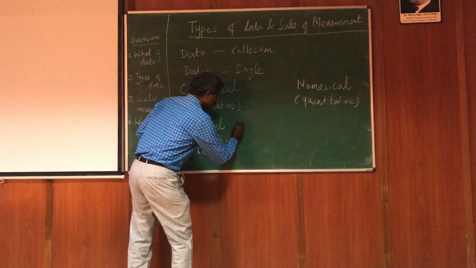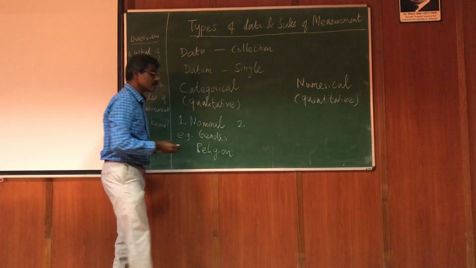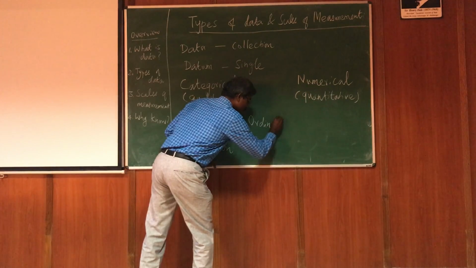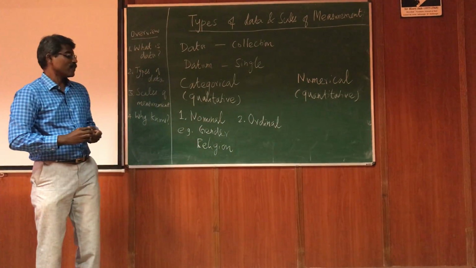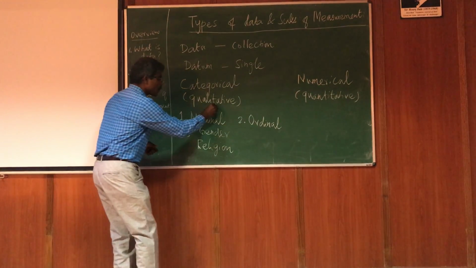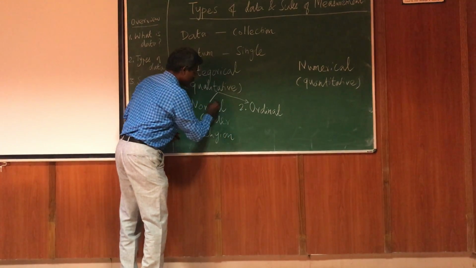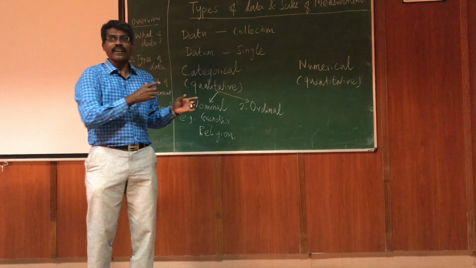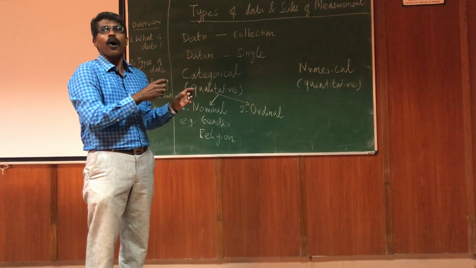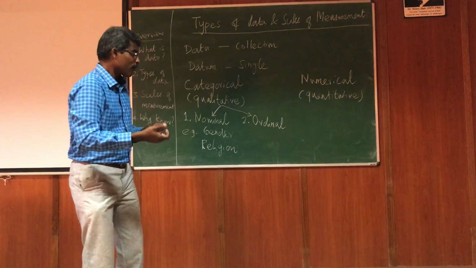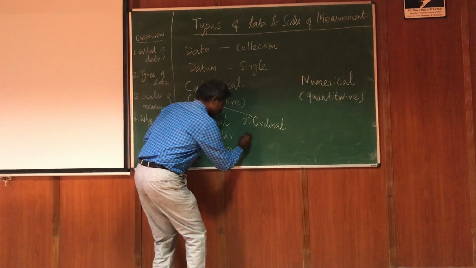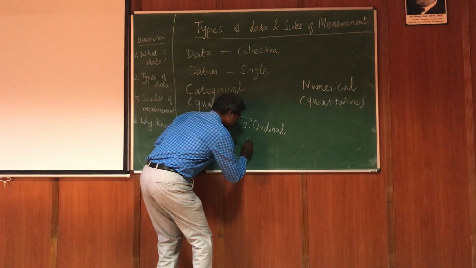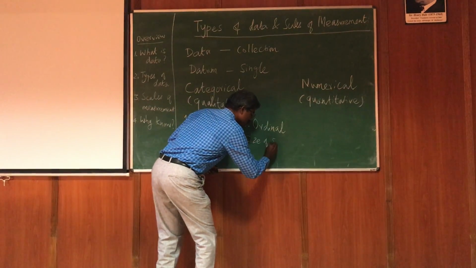The second type of categorical data, or the second scale of measurement of categorical data, is called ordinal. Again, the name is very self-explanatory, derived from the root word order. Here the categories can be ordered in a meaningful way. Say for example, a very simple example which you all can relate to: the size of shirt.